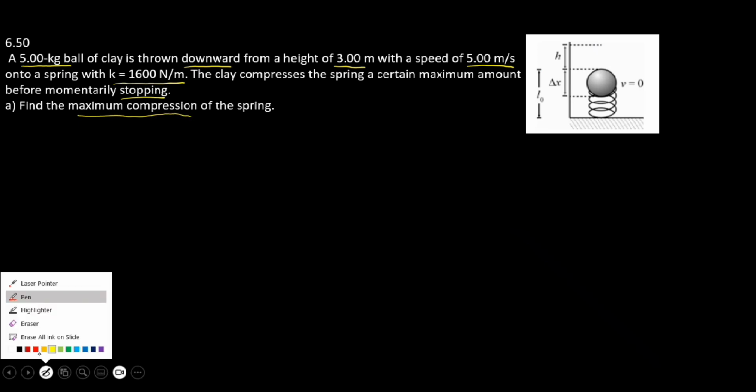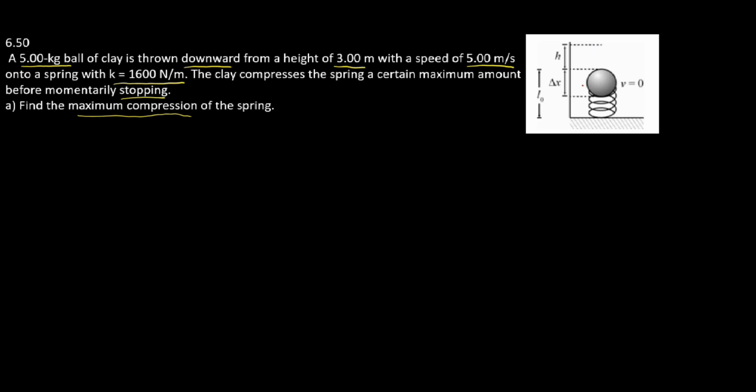So the question says you have a clay which you drop from a certain height h above the equilibrium position of the spring. Let this be the equilibrium position of my spring. We drop the clay from a height h above it.